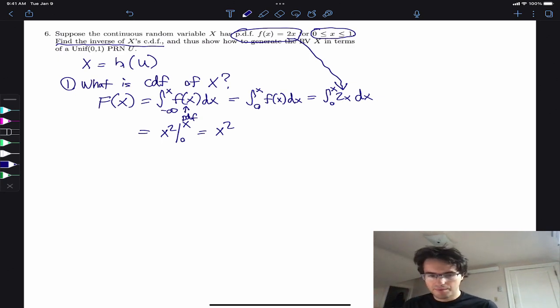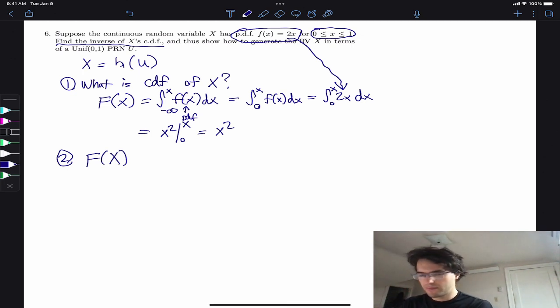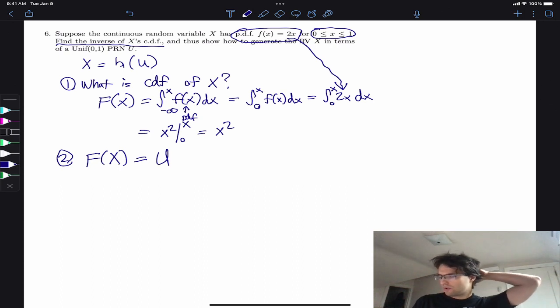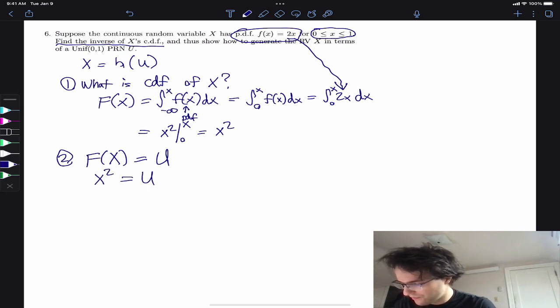The second step, recall that we have the inverse transform theorem that says F of x, or big X, is equal to a uniform random variable from 0 to 1. Put another way, because we calculated that F of x is equal to x squared, this says that x squared is equal to u.